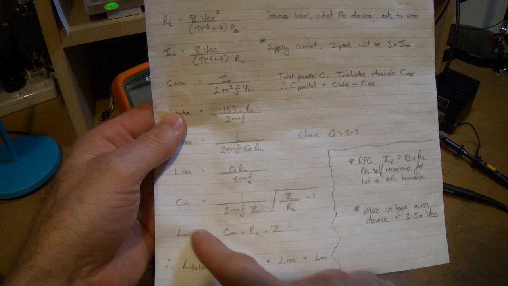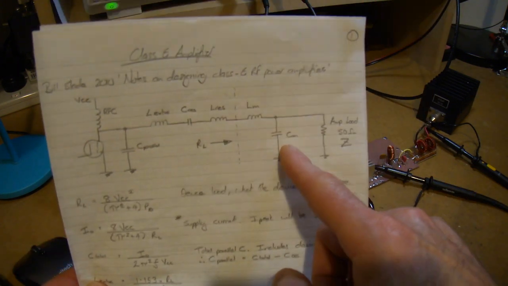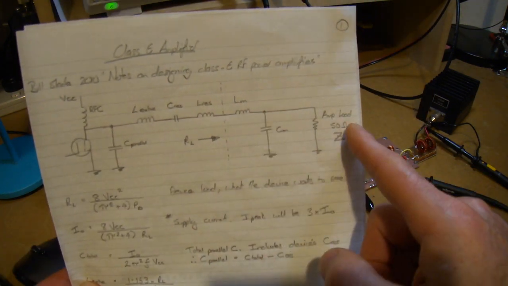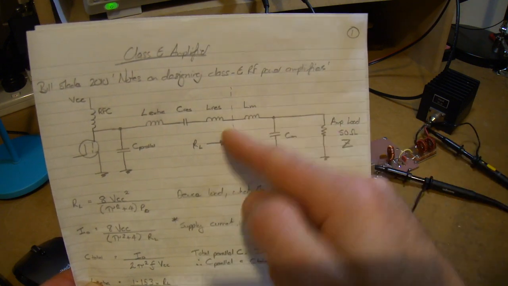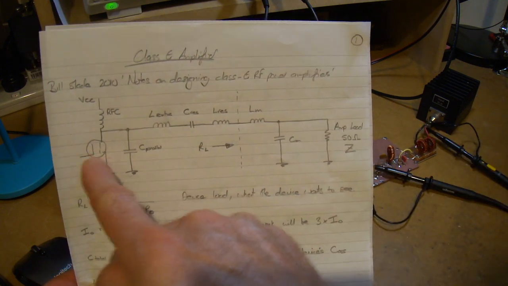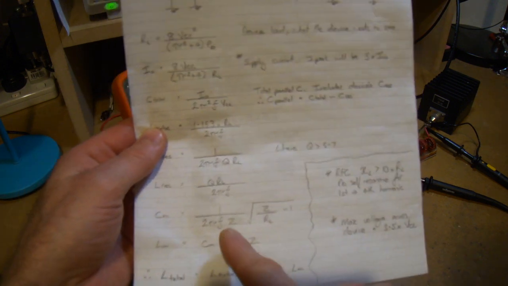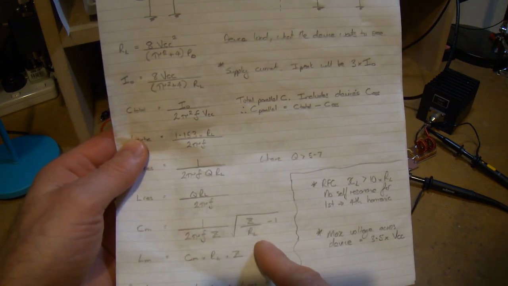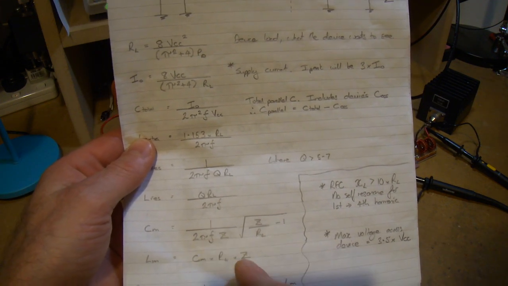We then move into the matching network that I mentioned before, which is required to match whatever the load is to what the device wants to see by way of a load, and that's the expression there. Nothing special there.